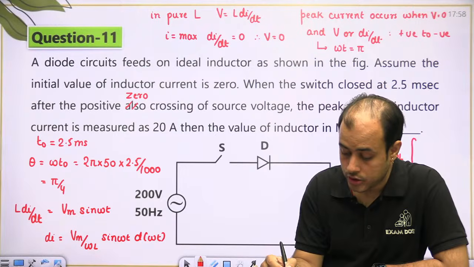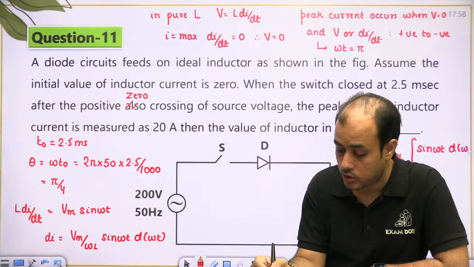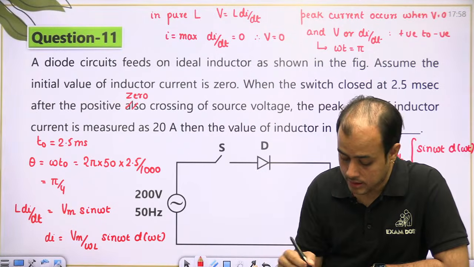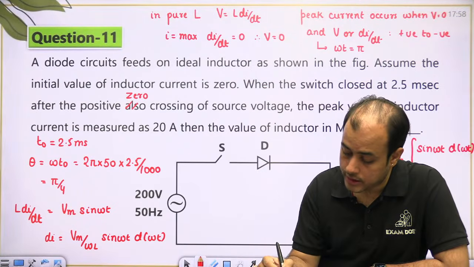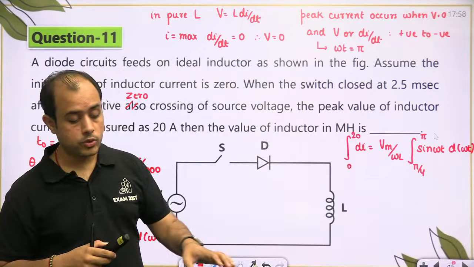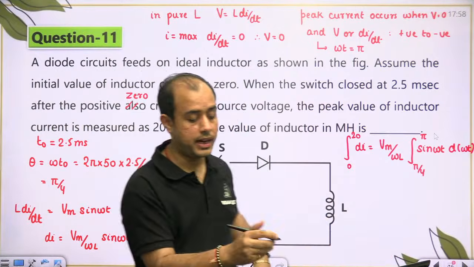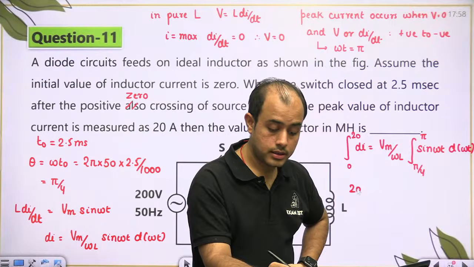So integration of current is from 0 to 20. Initial current is given as 0, peak is 20, and angle of conduction from pi by 4 up to pi. करंट 0 से 20 जा रहा है और कंडक्शन लूंगा पाई बाय 4 से पाई तक. ठीक है, 20.